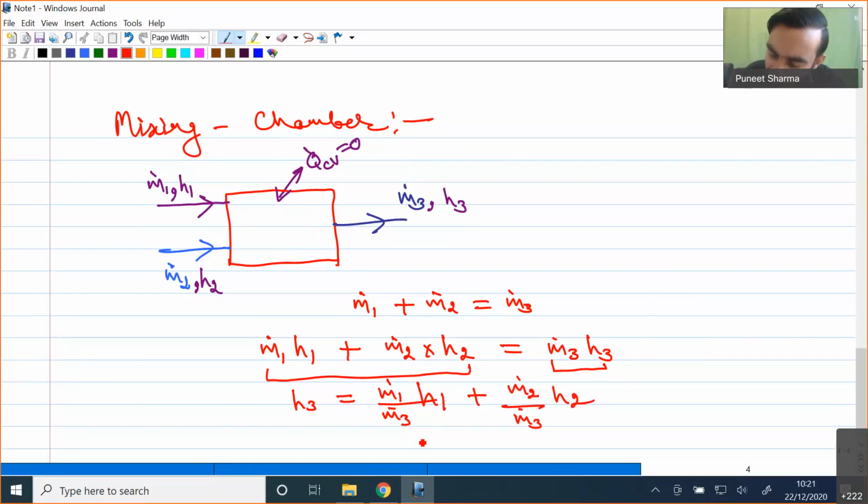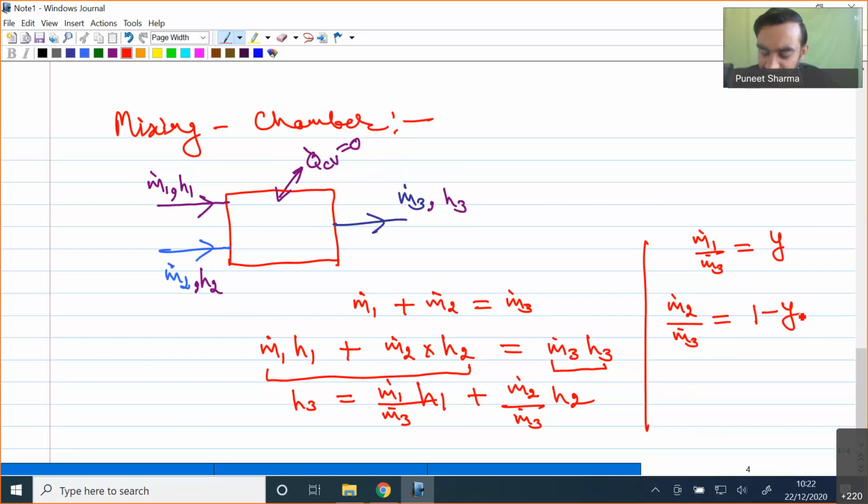Now I can define m1 dot by m3 dot as Y, and m2 dot divided by m3 dot will be equal to 1 minus Y, because m1 and m2 both contribute to m3. So I can clearly say that H3 will be equal to Y times H1 plus 1 minus Y times H2.